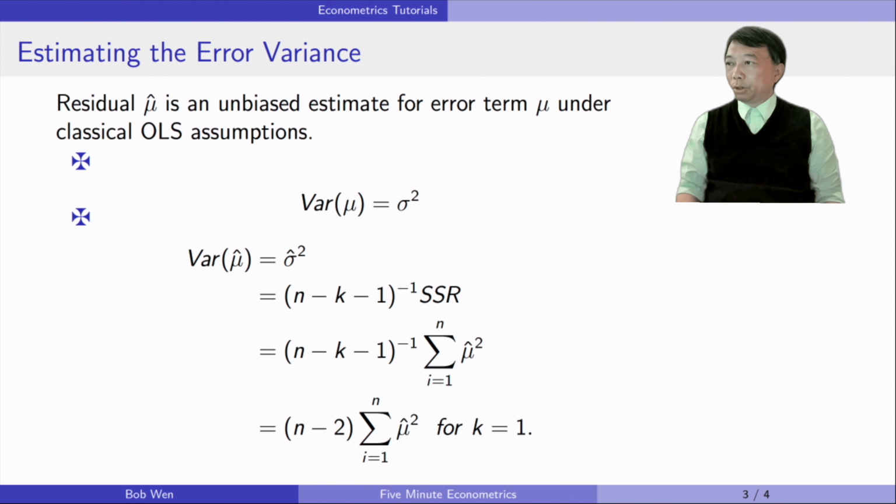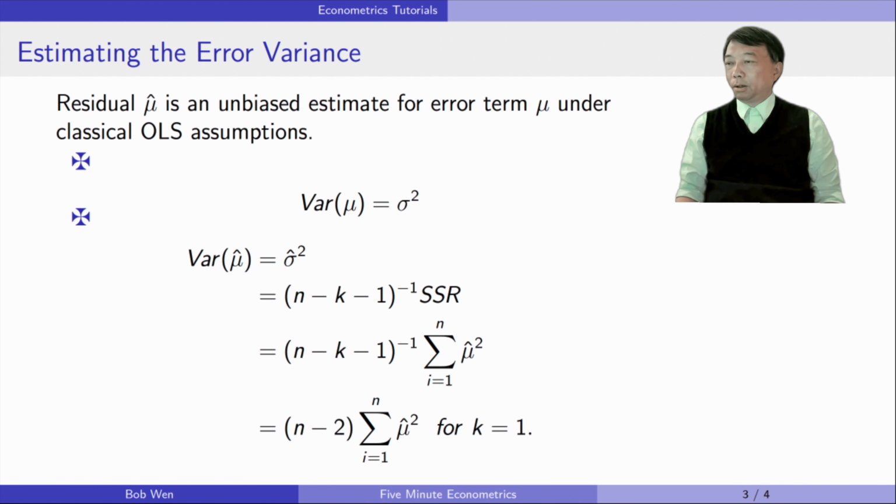Here, we will use the formula for the unbiased estimator of the error variance. Sigma squared hat is an unbiased estimate for sigma squared. It equals the residual sum of squares divided by the degrees of freedom, n-2, for a regression with one explanatory variable.